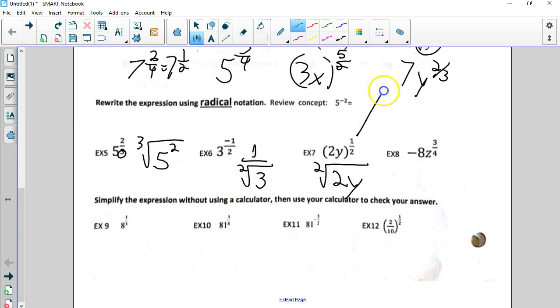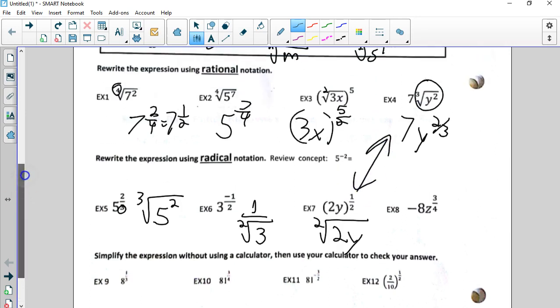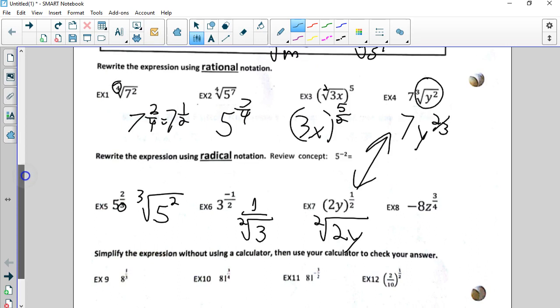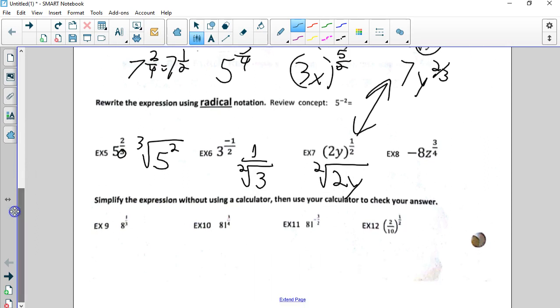So look at the difference between these two. The 7 was not underneath, so that's why it's not 7y to the 2/3. The 2/3 only goes with the y. Whereas here, the entire thing is being raised to the 1/2, so the entire thing goes underneath the radical.